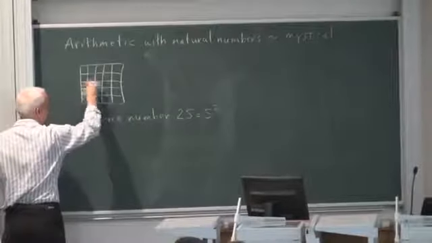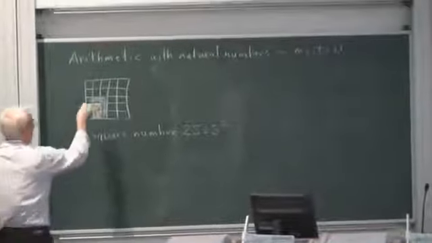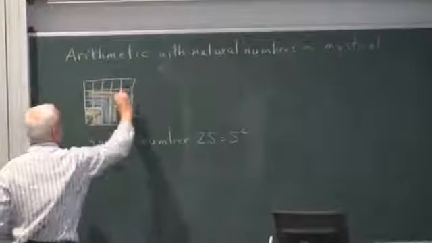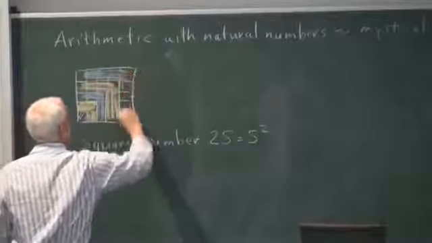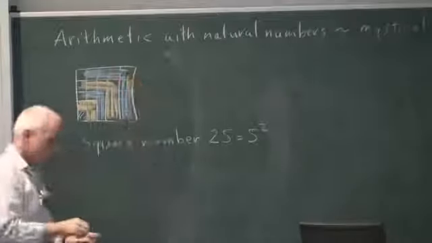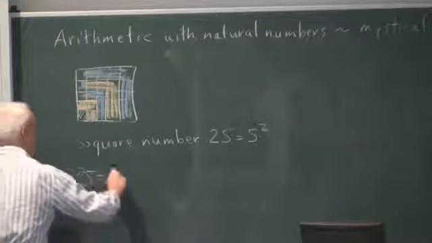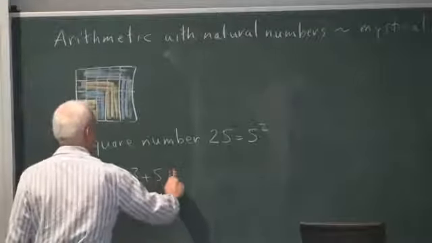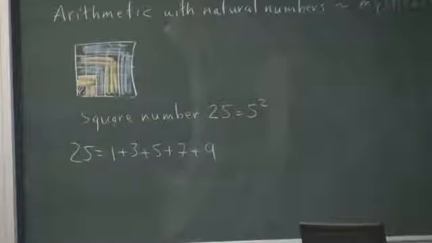And there's another gnomon with 5 elements, and then another one with 7 elements, another one with 9 elements. And from this we can quickly see that 25 is also 1 plus 3 plus 5 plus 7 plus 9. And that pattern obviously generalizes: the sum of the first odd numbers is always a square.